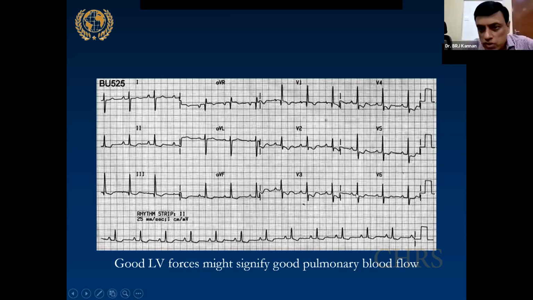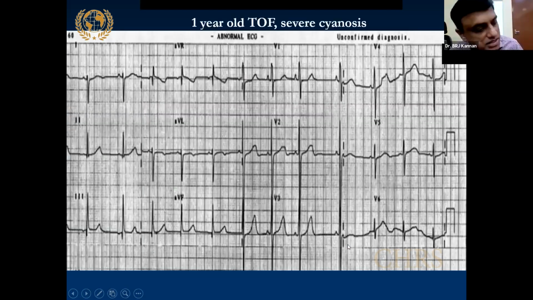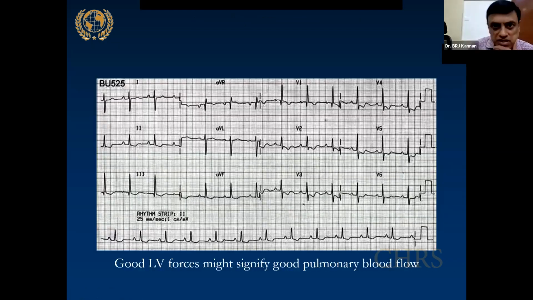So if we have good LV forces in V5, V6, that might indicate good pulmonary blood flow and hence a relatively milder form of tetralogy of Fallot. Whereas if you have very poor LV forces, as in this condition, that might mean the pulmonary blood flow is very much restricted, and hence this child is a very sick case of tetralogy of Fallot. So that is the additional utility of ECG in tetralogy of Fallot.